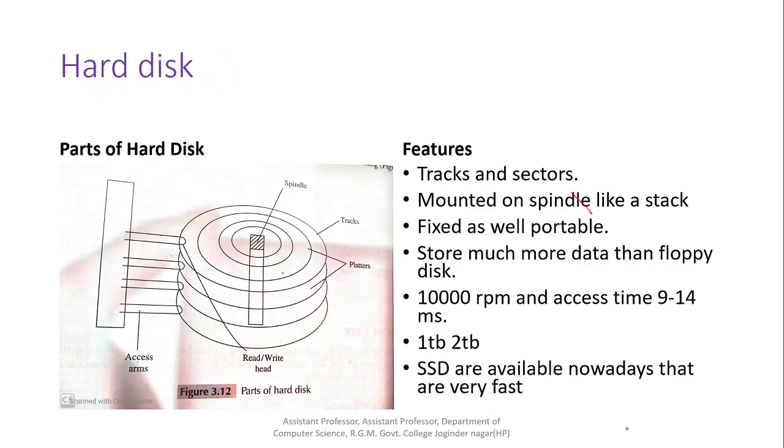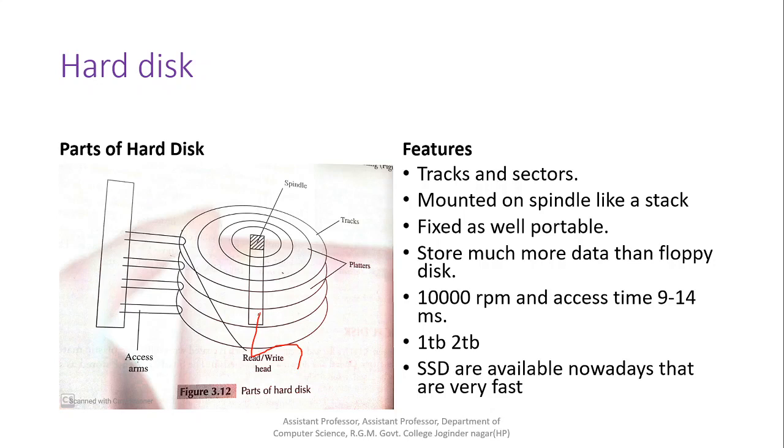Hard disks consist of tracks and sectors, and they are mounted on a central spindle, as you can see in this diagram, where there is a spindle-like stack.